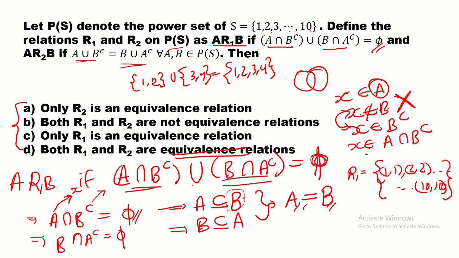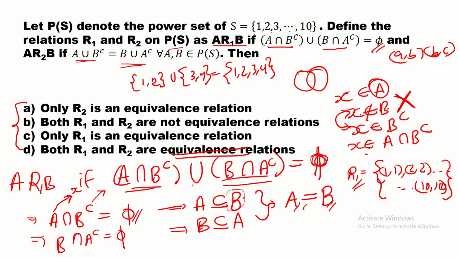Reflexive, because (A, A) belongs to R1 for all A belonging to P(S). And it is also transitive because there is no example for which (A, B) and (B, C) belong to R1. Therefore, R1 is an equivalence relation.